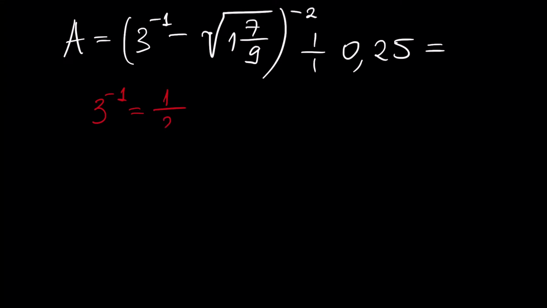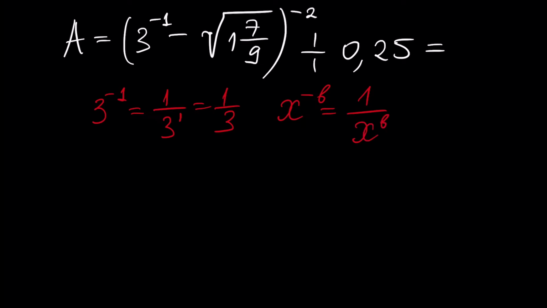It will be 3 to the power 1, or 1 over 3. And in the general case, if we have a number x, which must be non-zero, to the power of, say, minus b, then it will be 1 divided by x to the power b.